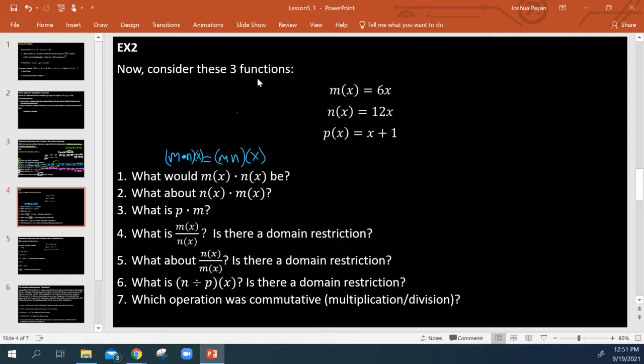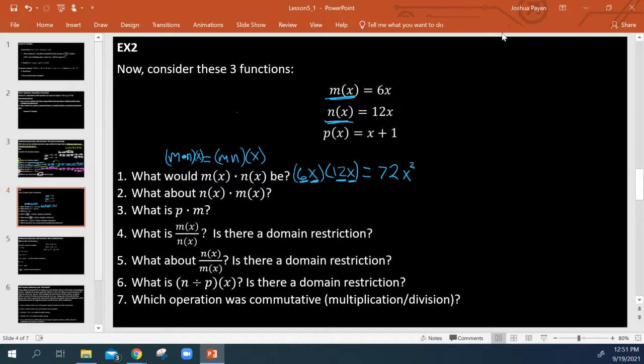So let's see, what would m times n of x be? Well, m of x is 6x, times n of x, that's 12x. So we multiply: 6 times 12 is 72, right? These are our constants multiplying together. X times x would be x squared.